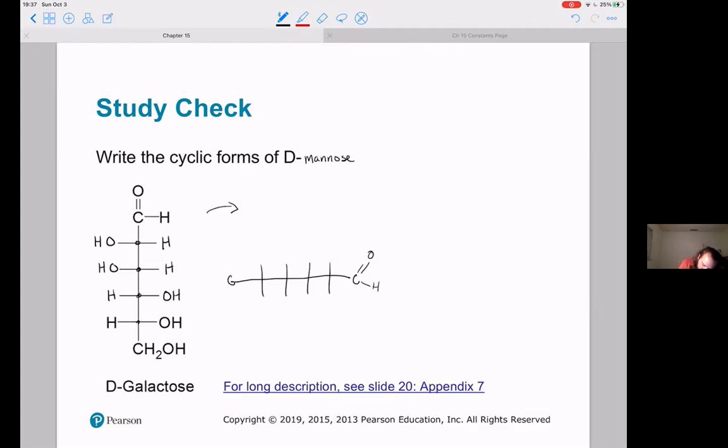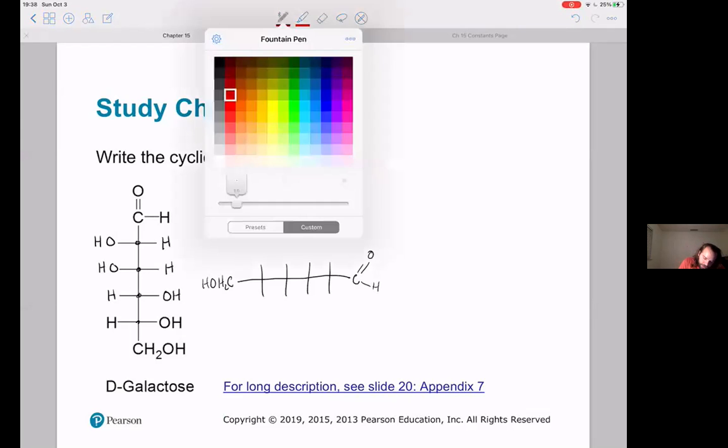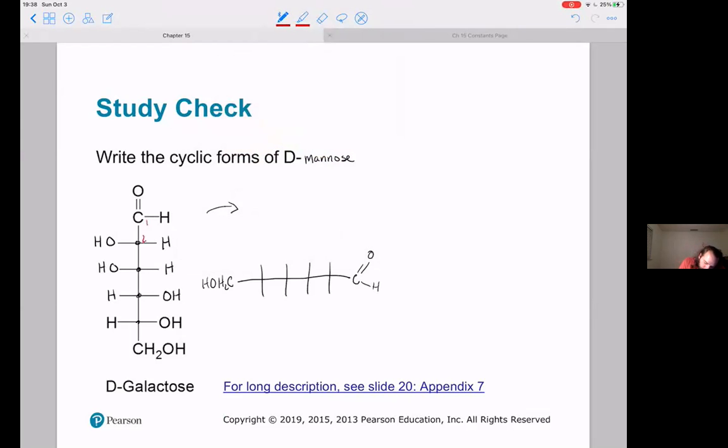And then I'll put in my achiral carbon at the end there, the CH2OH. And then I want to make sure that on carbons 1, 2, 3, 4, and 5, everything is positioned in the correct way. So these were all on the left. Nope, those were all on the right, which means that they should be on the bottom.